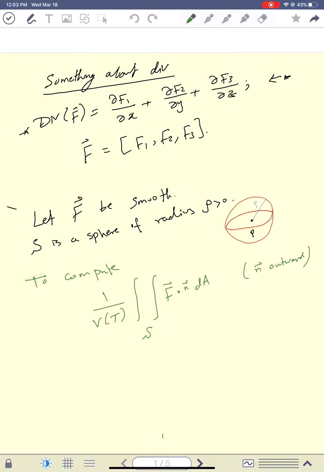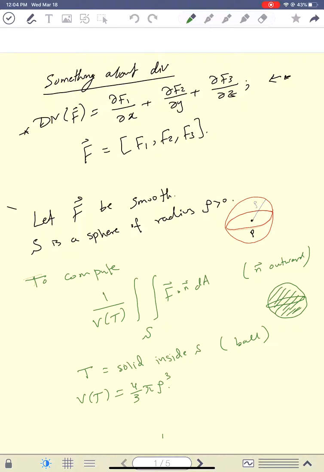What is T? T is the solid inside S. So basically it is the ball, the region inside the sphere. The sphere is the outer surface. The ball is the full sphere, we call it a ball. We know the formula for the volume. So the volume of T is 4 over 3 pi rho cube.